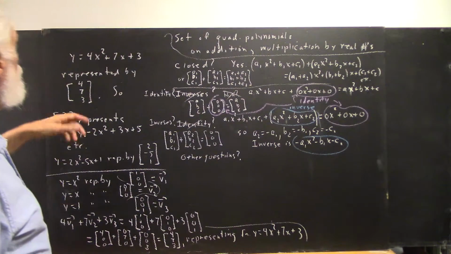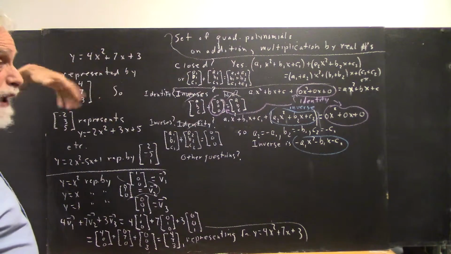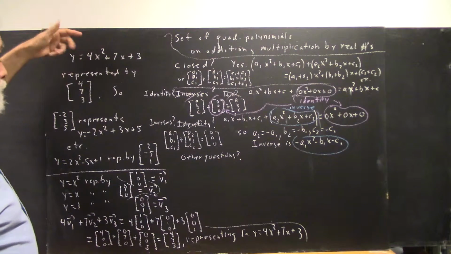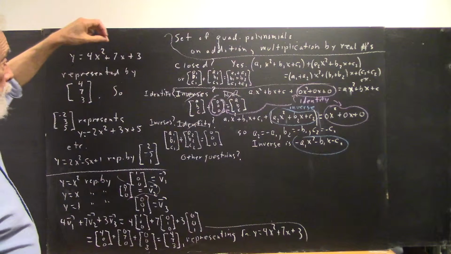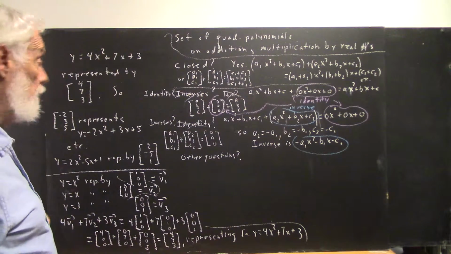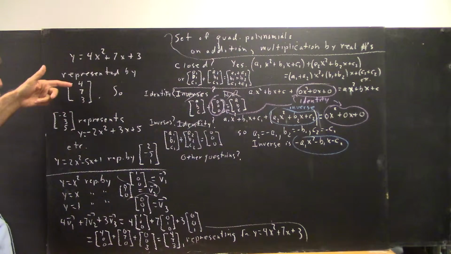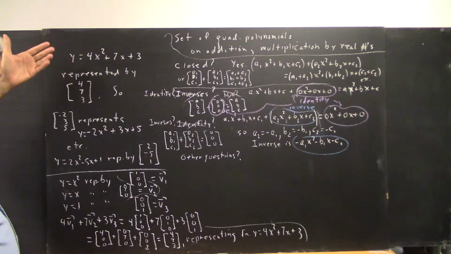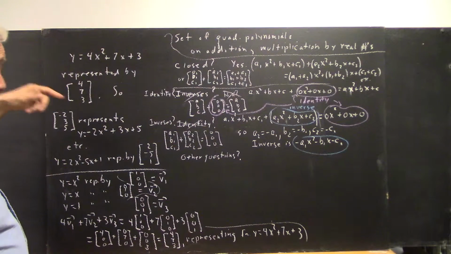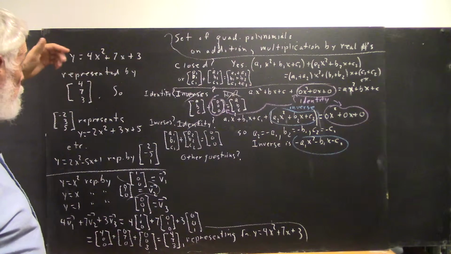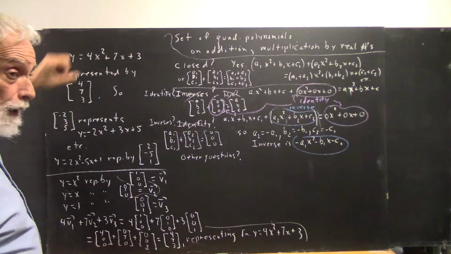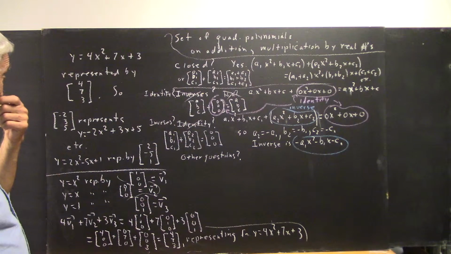If I wanted to multiply this function by 3, I'd have to distribute the multiplication. I'd get 12x squared plus 21x plus 9. Well, if I multiply this column vector by 3, I've got to multiply every component by 3. I'm going to get 12, 21, 9. I'm still going to get a representation of the same thing I'd get if I multiplied this function by 3.